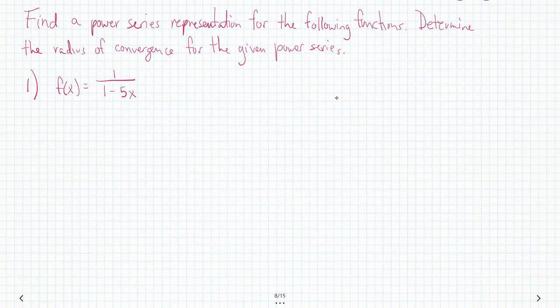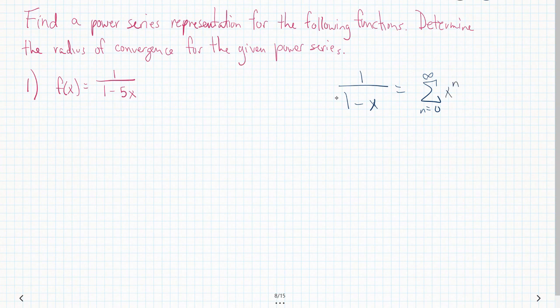In terms of what we really want to start doing, though, is finding power series representations for functions. And the real trick to that stems from the fact that 1 over 1 minus x equals the summation n equals 0 to infinity of x to the n. If you recall that.